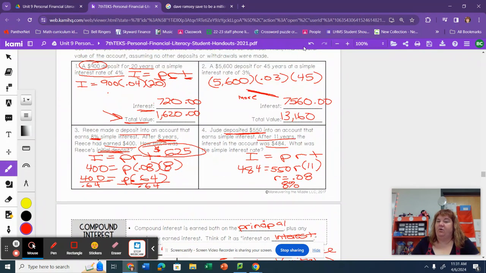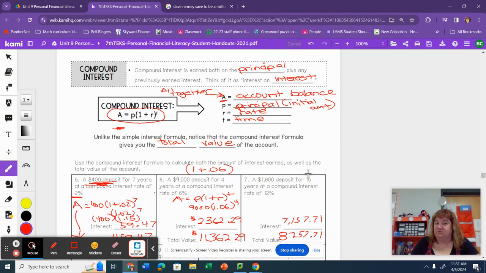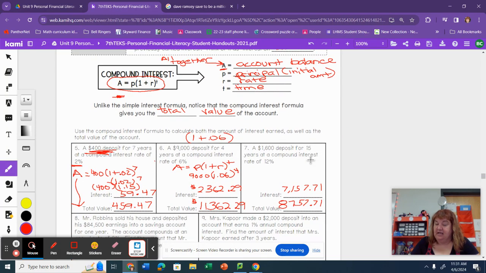It took us 45 years to make more than we initially deposited. When you have compound interest, it only took 15 years to get way more than what we deposited. Do you see how that works? Because it compounds faster. Well, plus the interest rate was higher.